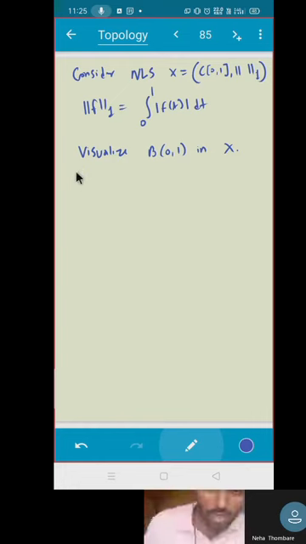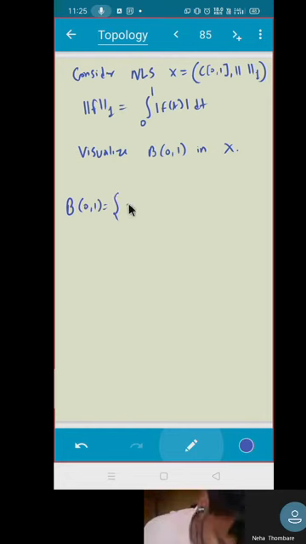But if I'm talking about B01, how will we write B01? It will contain all those functions. You can say g belongs to C01 such that norm of g1 should be less than 1.